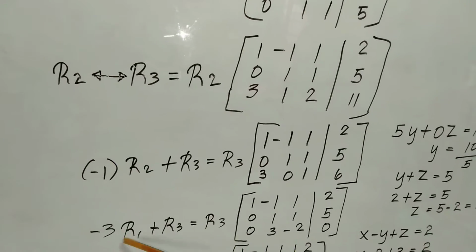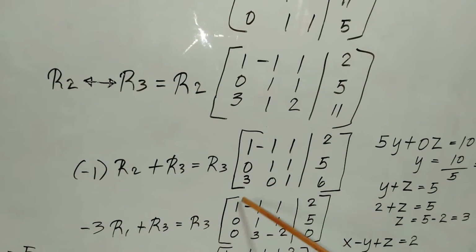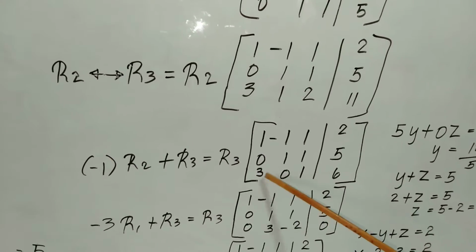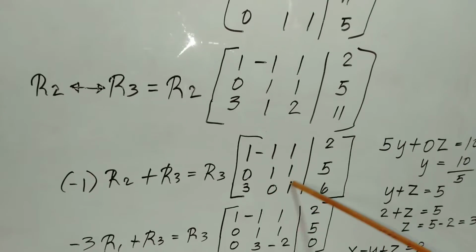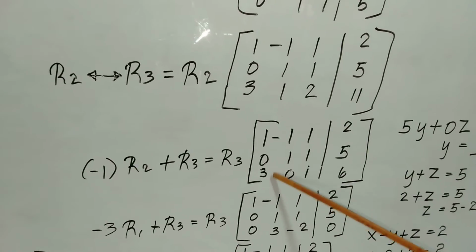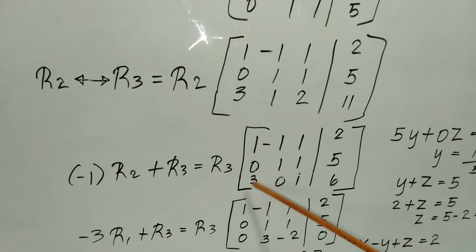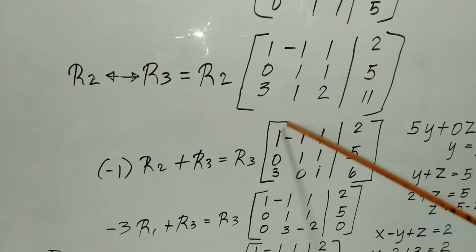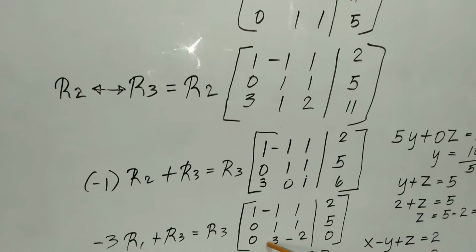The next step is to multiply row 1 by negative 3 and then add the product to row 3, since we want to get rid of this 3 here and make it 0, to simplify the third row. The best thing is to make this one 0. So negative 3 times 1 is negative 3 plus 3 is 0.